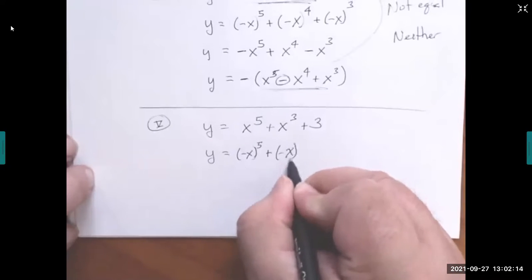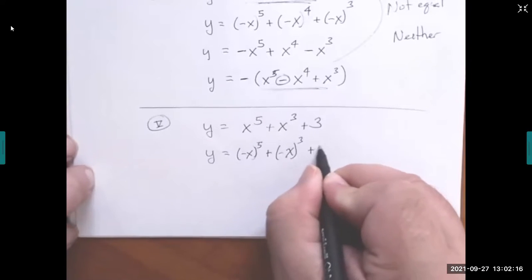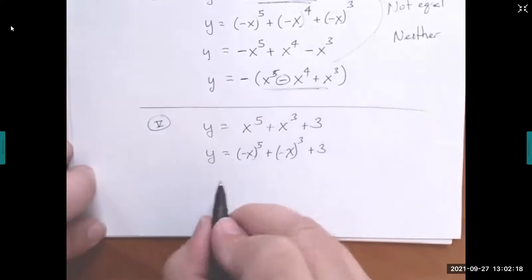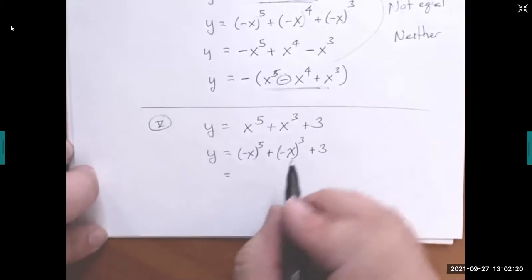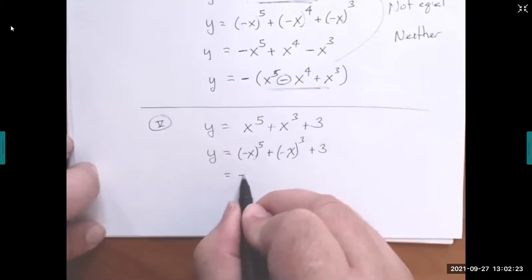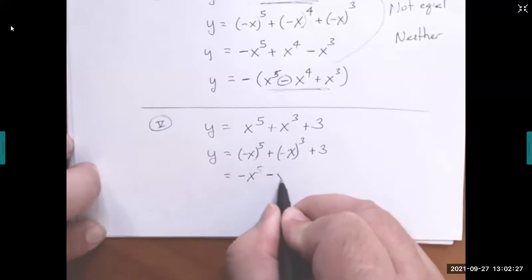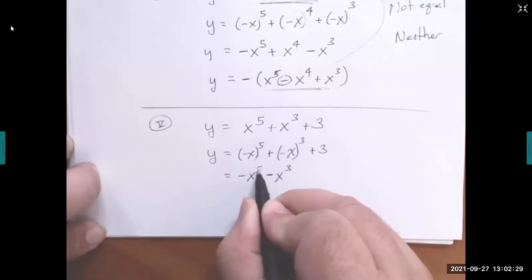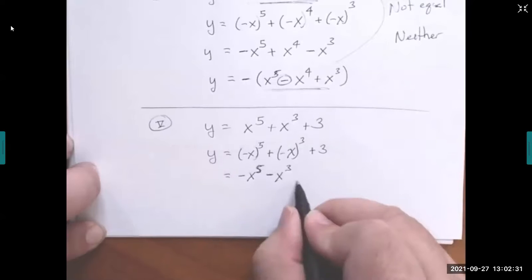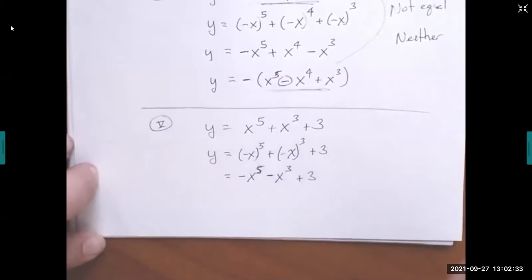Negative x to the third. So it becomes negative x to the fifth, negative x to the third, plus 3.